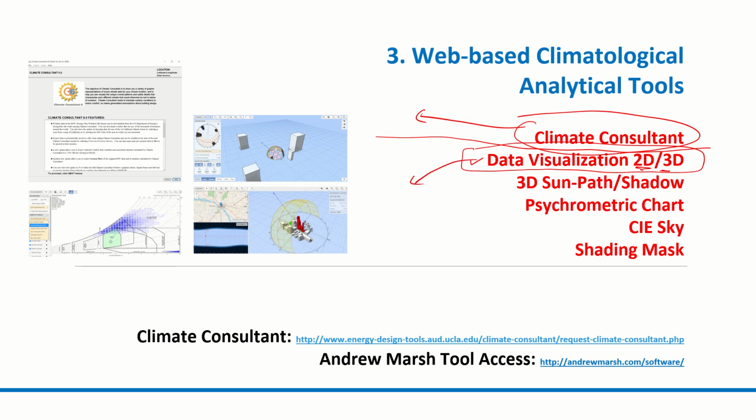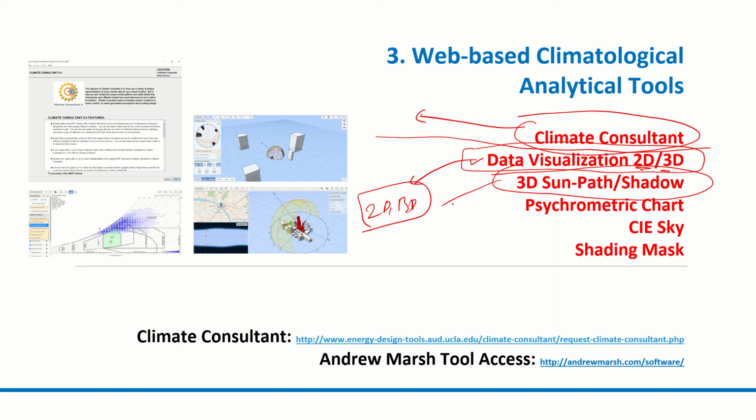My suggestion is, we spend a lot of time in the studios just to understand hourly data using these tools, so that we know what we are talking about. Of course, the sun path also you should explore in both 2D and 3D, so that you know precisely what you are talking about.